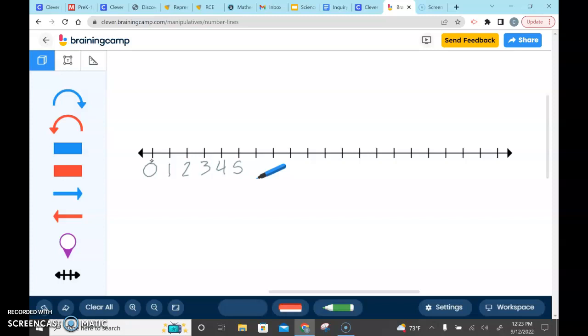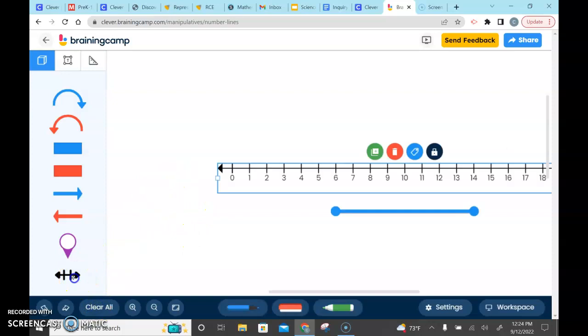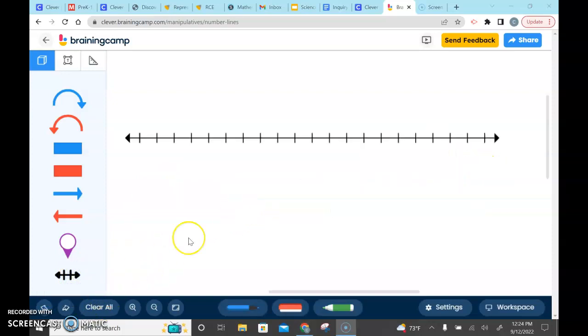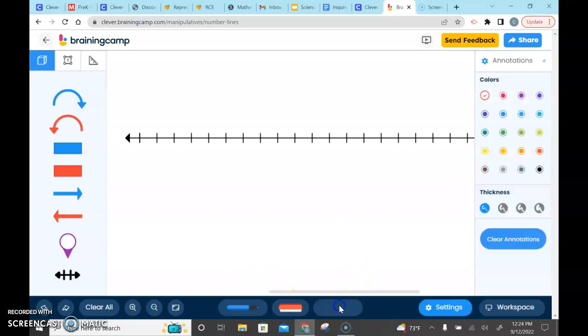Now let's jump down and take a look at number 2. And get another number line right up here. So we can see for number 2, it says whole numbers greater than 9 but less than 14. So you want to have your number line. You won't be able to have one like I have, but you can have another number line there that you just draw.